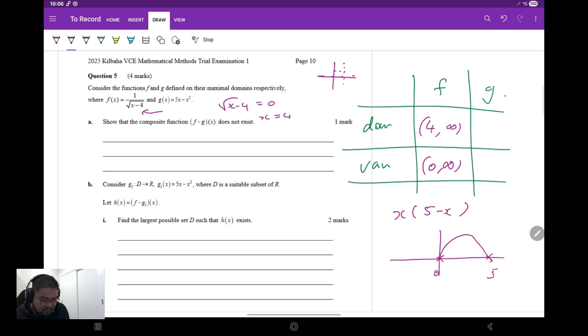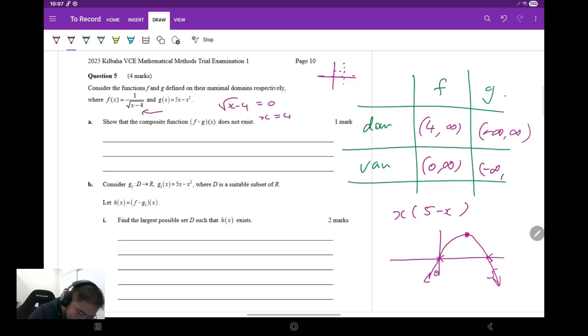What is the domain and range? For this parabola there's no restriction on the domain, so it's all real numbers, negative infinity to infinity. The range will be up to whatever the turning point is, from negative infinity.